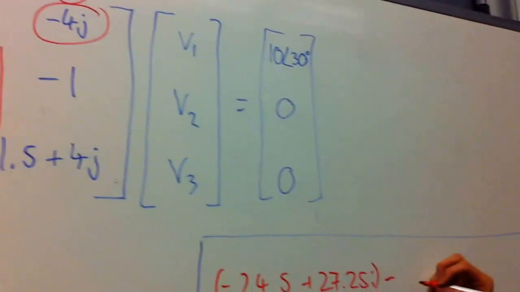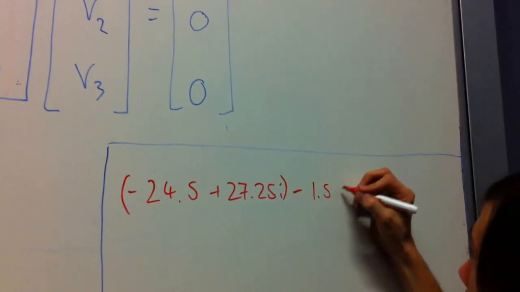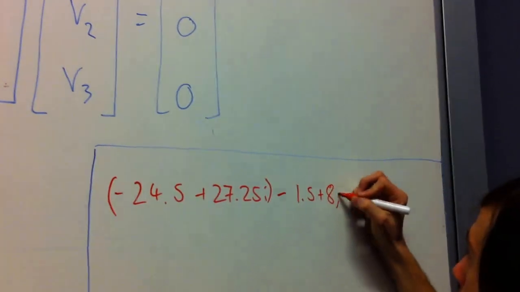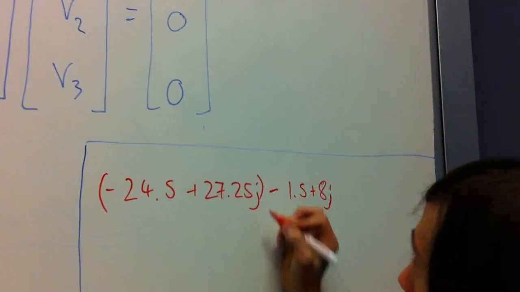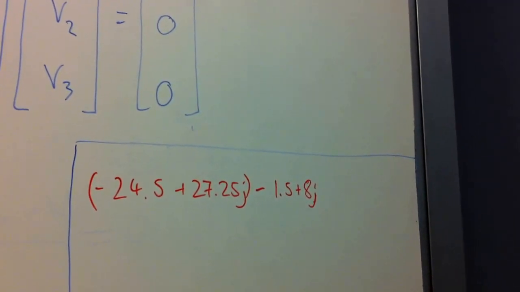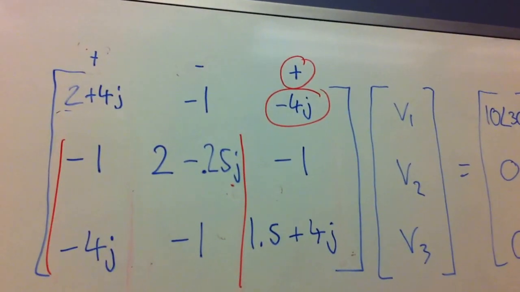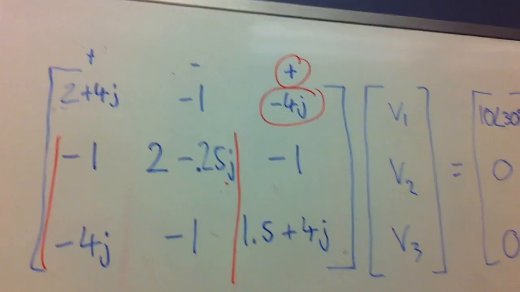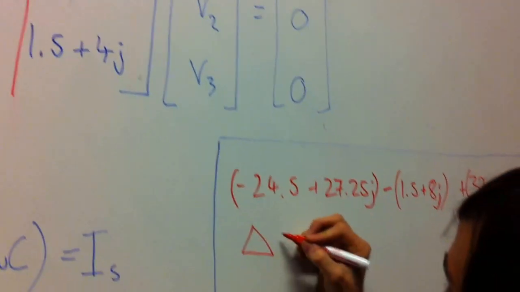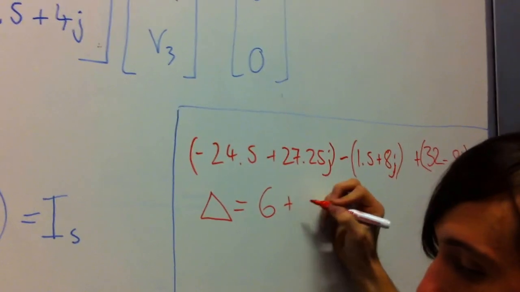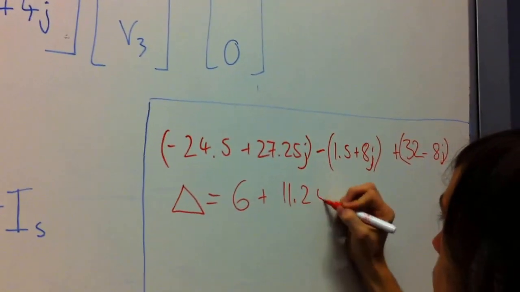So we do the next one, which is going to give us 1.5 plus 8J, plus 32 minus 8J. Sum those, which is going to give you the determinant of 6 plus 11.25J.